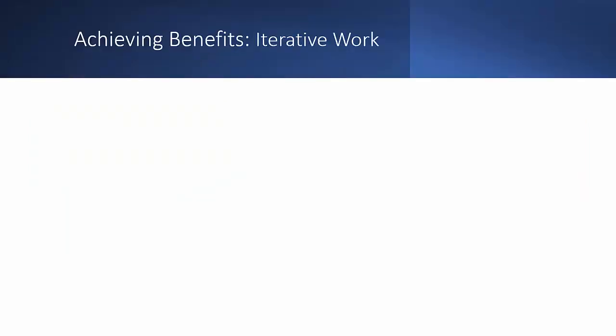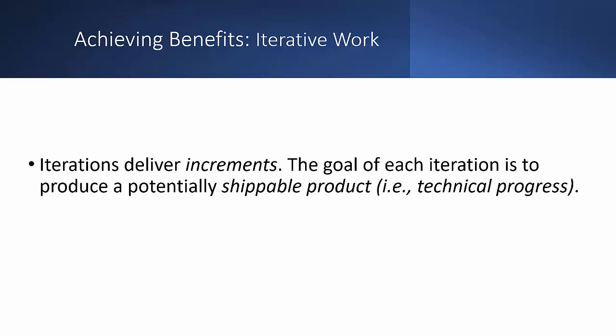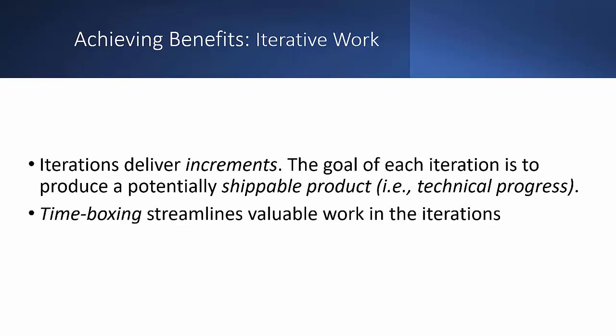Another one, of course, is the work done in an iterative approach. Delivering in increments, delivering a shippable product in an iterative way, enabling therefore feedback from the customer. And typically we work in time boxes, meaning we have a clearly defined amount of time for different steps of our process.